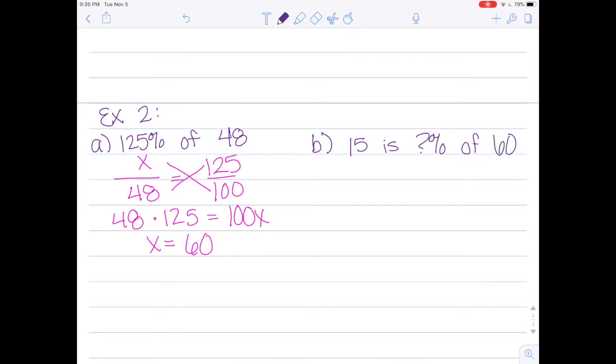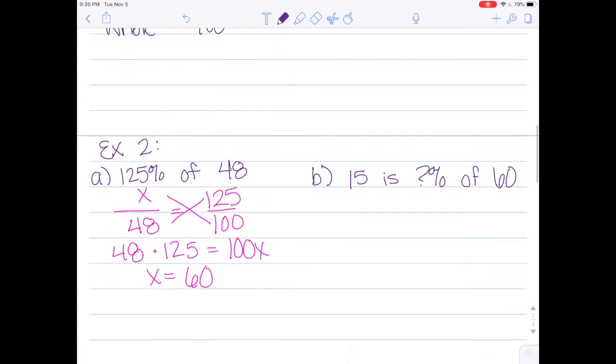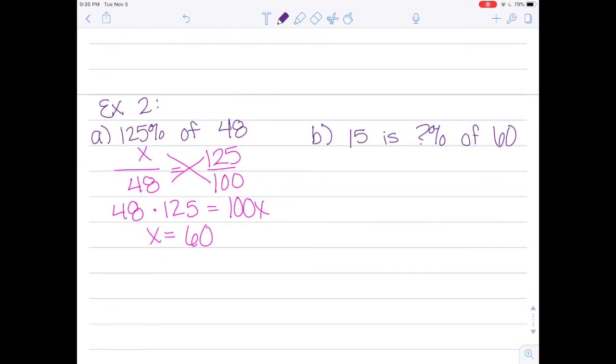So, to do this, we need to know the percent. So, 60 is our whole, 15 is our part, so here's 15 over 60 equals, we'll use A for the percent, out of 100.